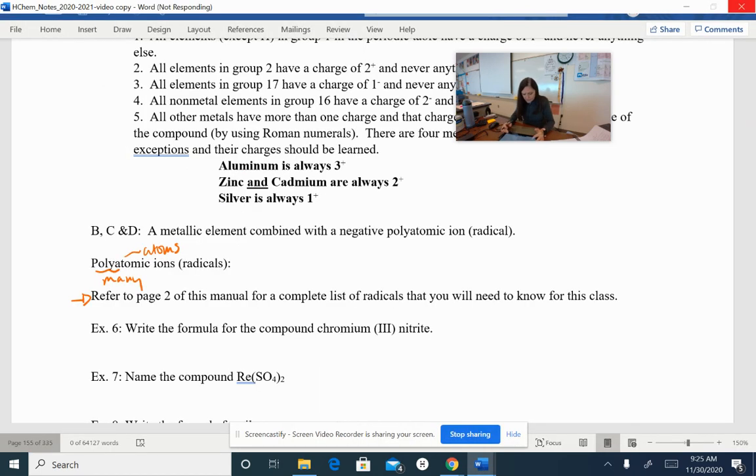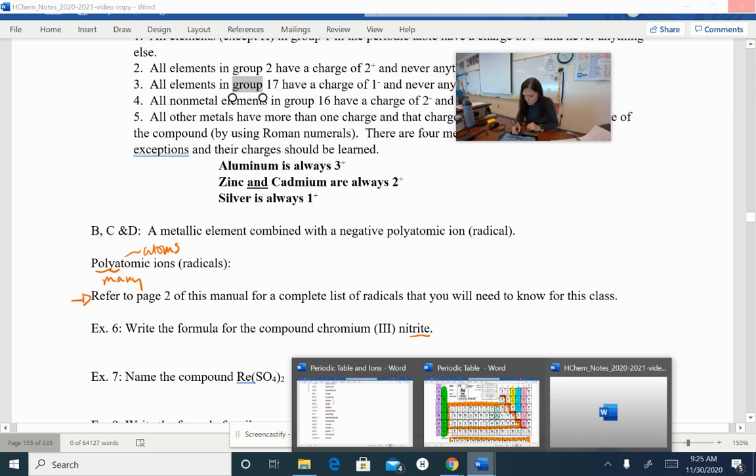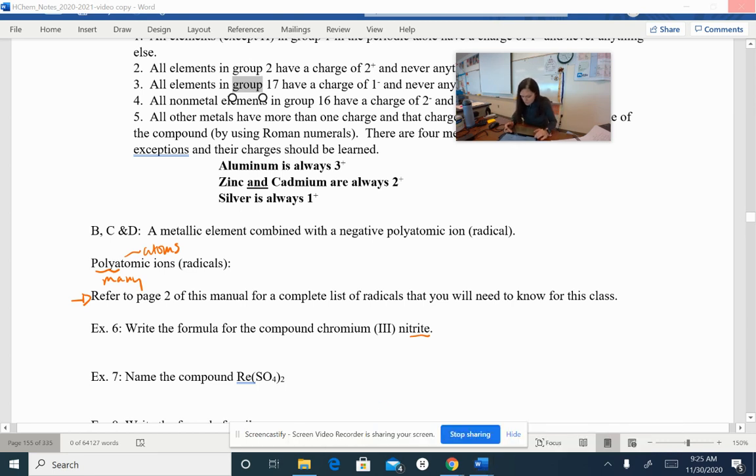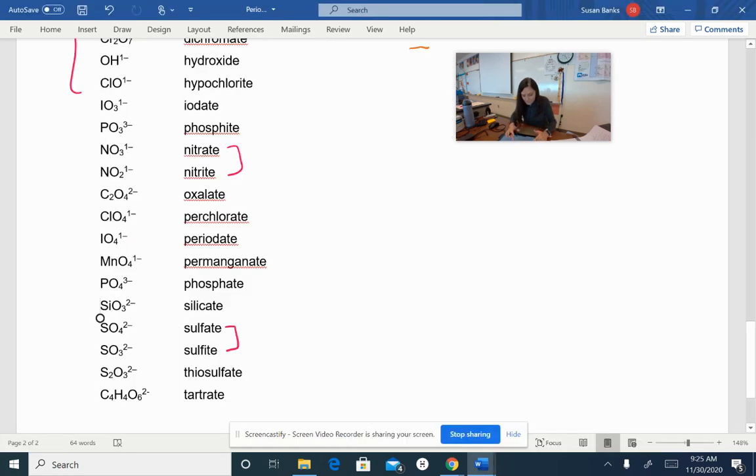So let's go on. We're going to write the formula for chromium 3 nitrite. Now we have nitrite. The one thing we've got to do is look up nitrite on our polyatomic sheet.